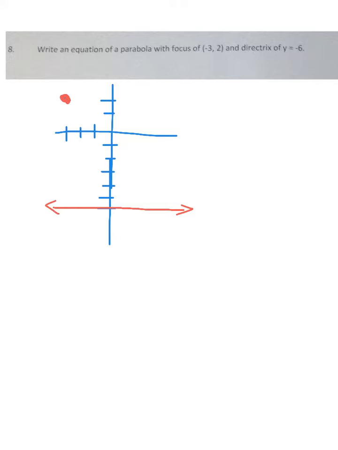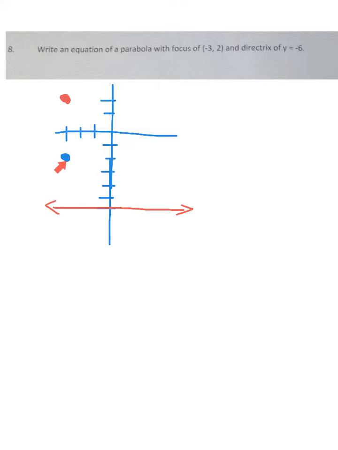So that would tell me then that my vertex is going to be at negative 3, negative 2, right here. Okay, and the reason being, again, is the distance from this blue dot all the way up to the red is 4, and the distance from this blue dot all the way down to the directrix is 4. Okay, the vertex has to be in the middle.